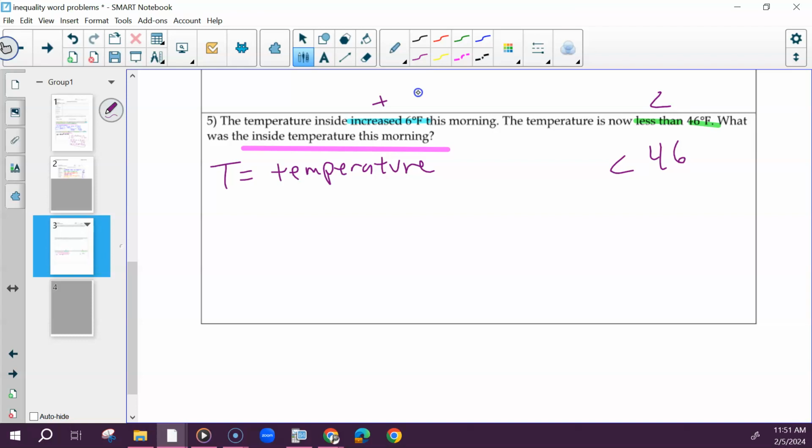It's t plus 6 is less than 46. And then get rid of 6 by subtraction. So, not that this really answers the question because it's not very specific, but we just know that T was less than 40 degrees inside this one. Do we actually have to solve it? Like when you take points off, we didn't do that even though the equation was literally in there. So, show your work, yes.